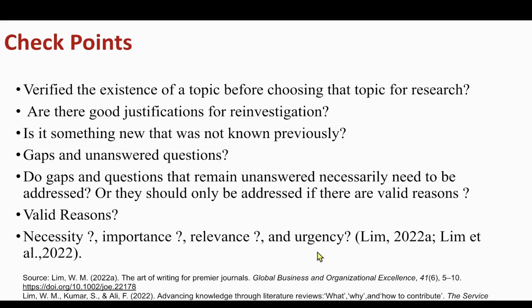And then comes the urgency, how urgent it is that we are addressing that problem at that moment, at that time. Okay, so these are a few checkpoints, the necessary points which we have to check whenever we are framing a research question or shortlisting a research topic for our research.